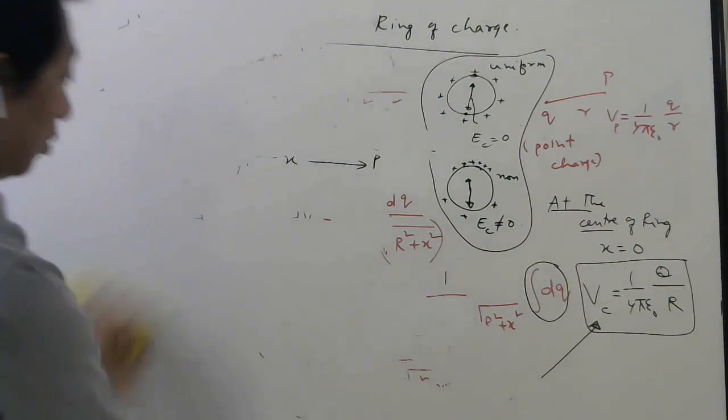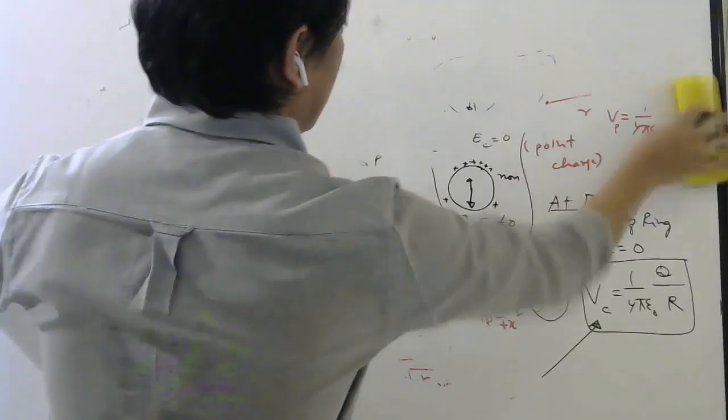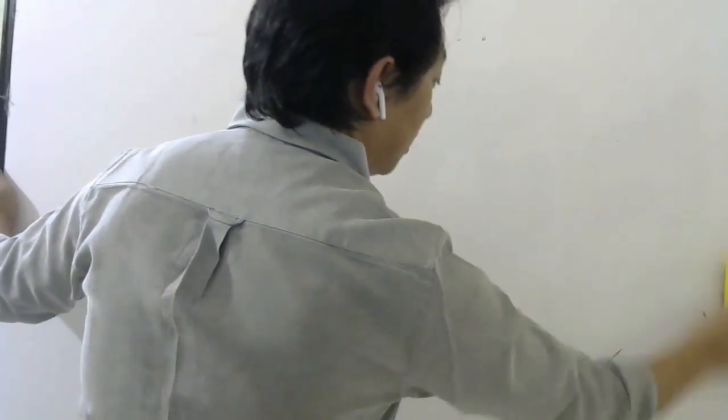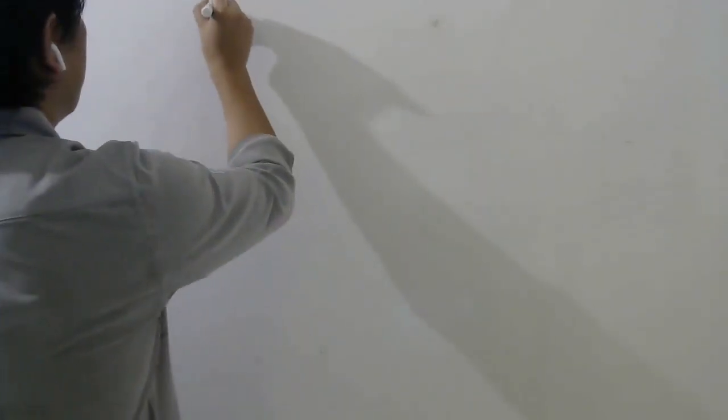So having understood potential due to ring, we will do some learning exercise later. Next topic in the EPL is potential energy of a dipole. So listen carefully now. This is very important.